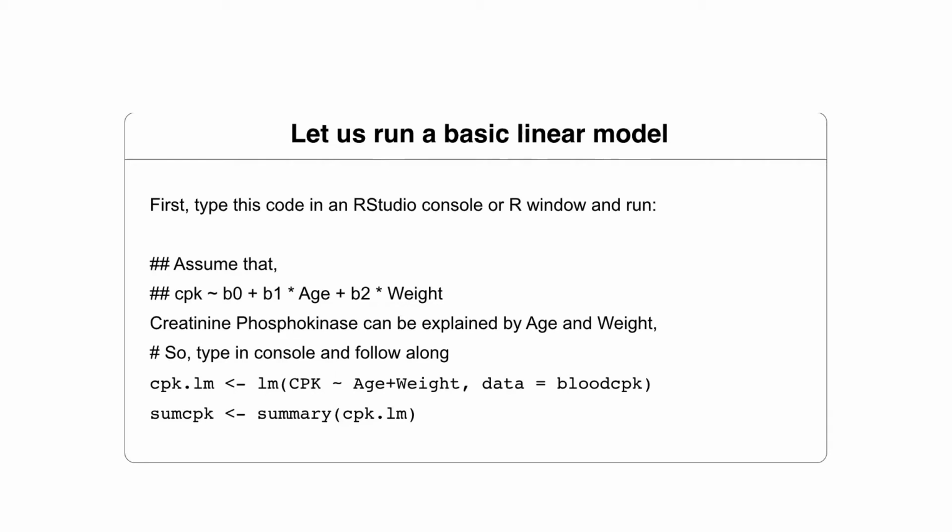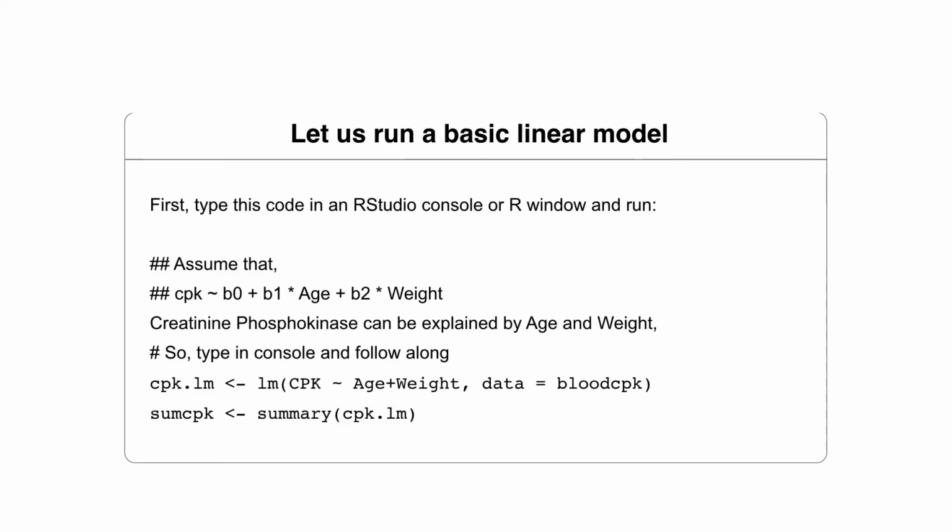Now, coming back to the R speak, or the language conventions of R, we can put in a Wilkinson-Rogers formula in here, which goes like cpk.lm, which is the object to which we store the product of the linear model, if you will, of CPK, which is the outcome variable, therefore it sits to the leftmost end.